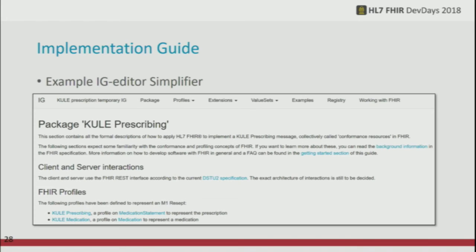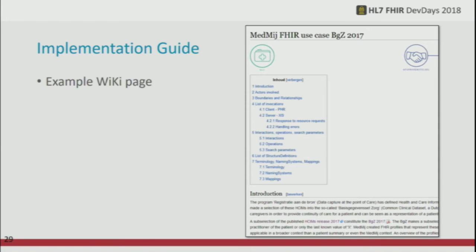This is an example of an implementation guide we did in our Simplifier IG editor, and you will see the same sections that I just mentioned. We'll have packages, profiles, extensions, value sets, examples, and something about use cases. This one is a wiki page we did for the Dutch government.